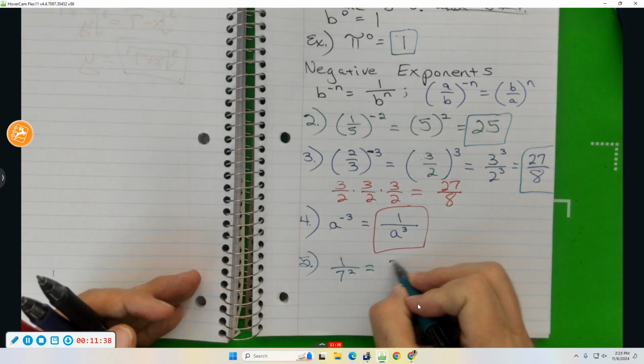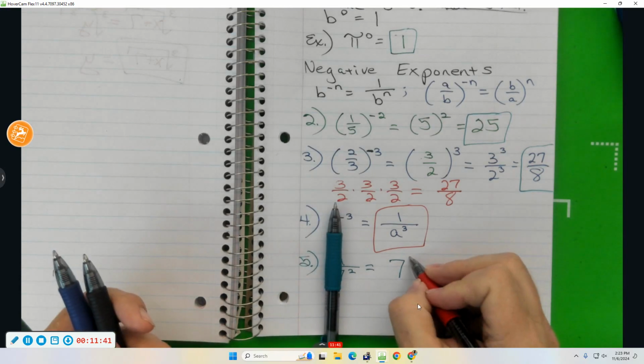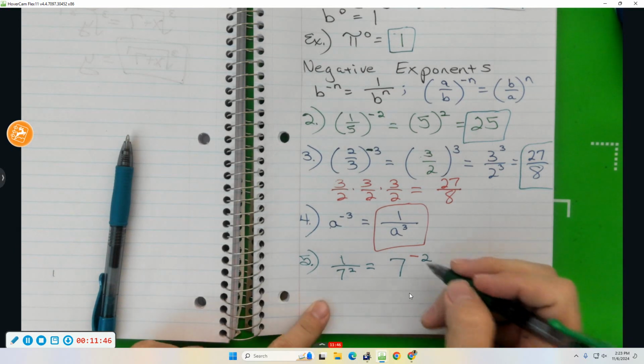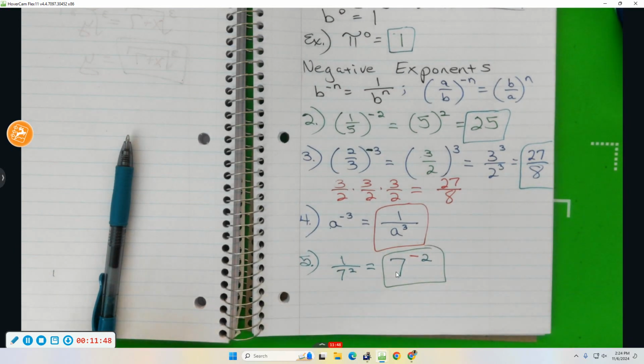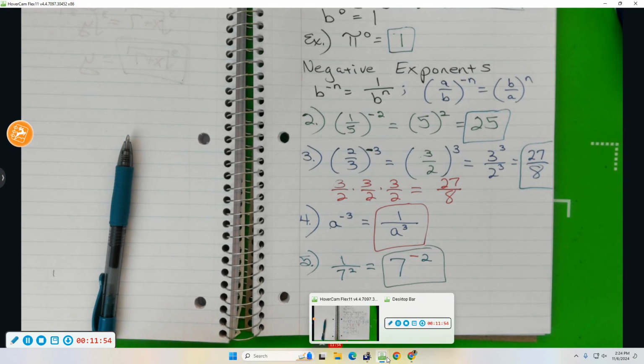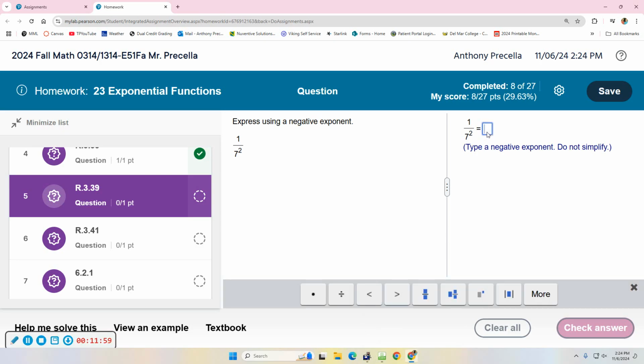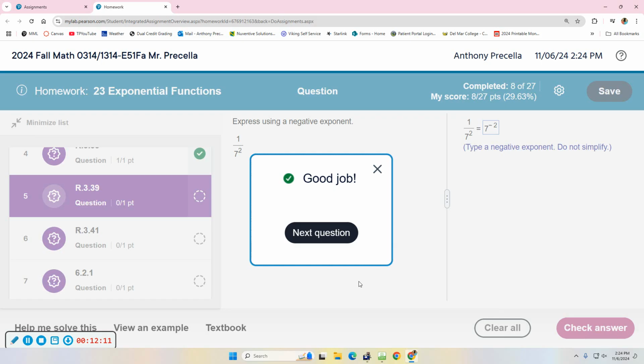It's going to become 7 to the negative 2, for my final answer of 7 to the negative 2 power. So we're not going to put a 49 anywhere. It's not asking about that. Any questions there?